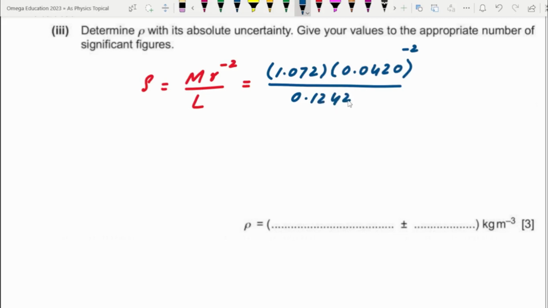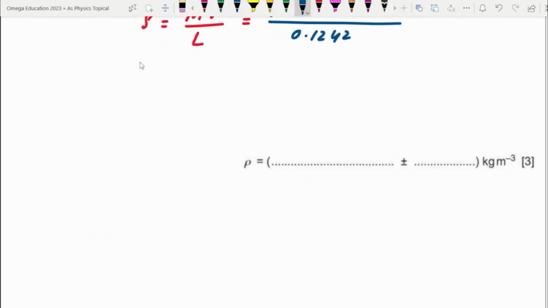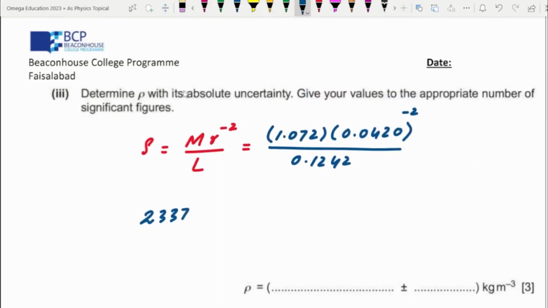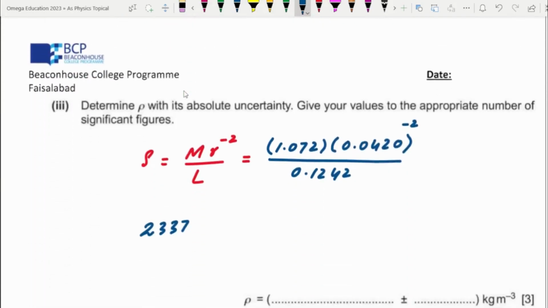Okay, so you first press the fraction button, insert all the values as it is, and hit the answer button. So you'll be getting in 4SF the answer 2337, all right, plus minus 2%.